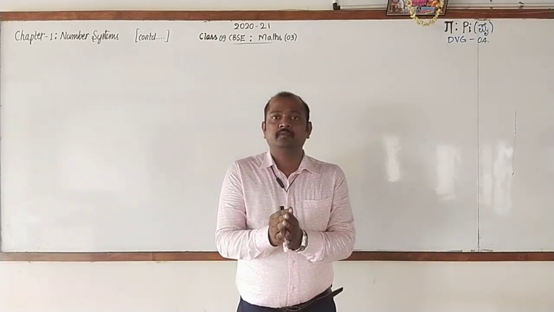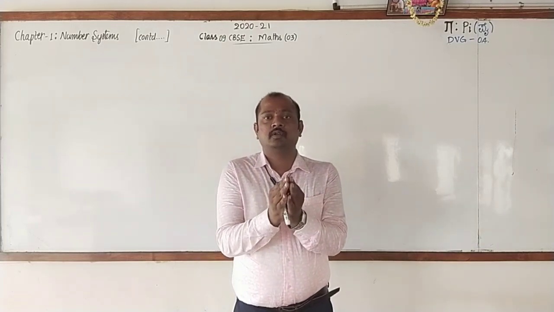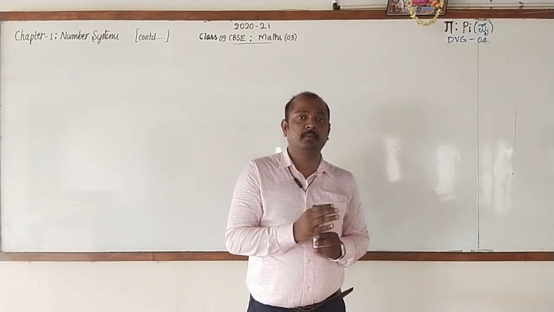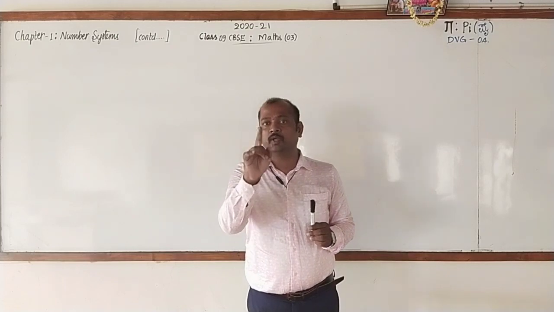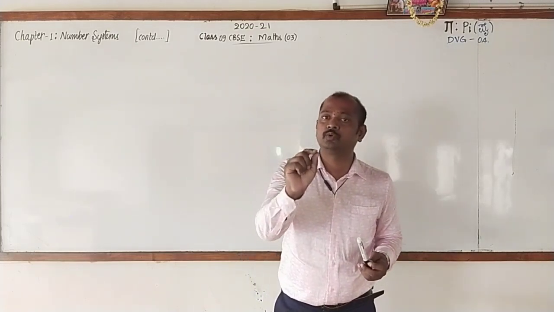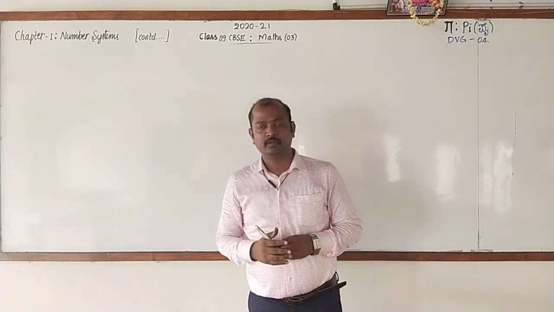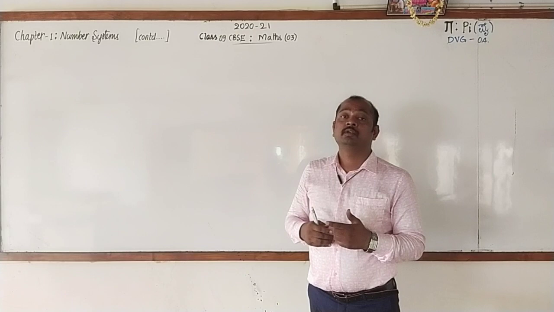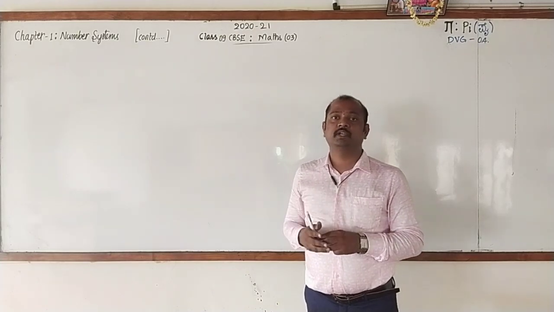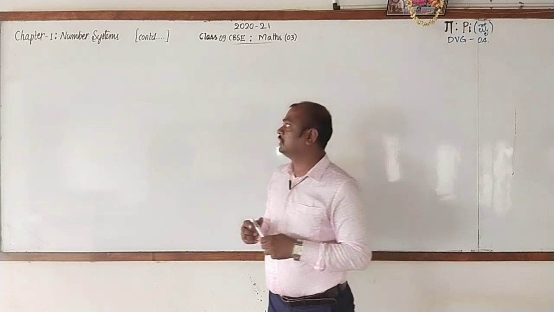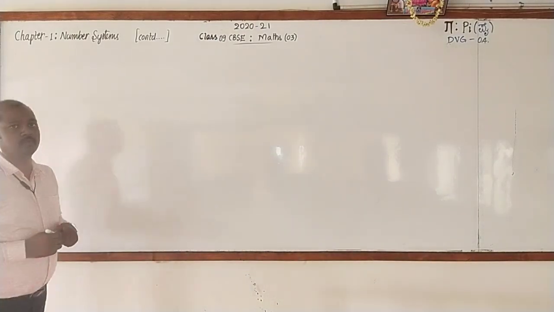Yesterday we focused on how to represent irrational numbers on the number line. Among them, one was root 2. We learned how to locate root 2 on the number line. Now in today's class, let us continue to represent some other irrational numbers on the number line.